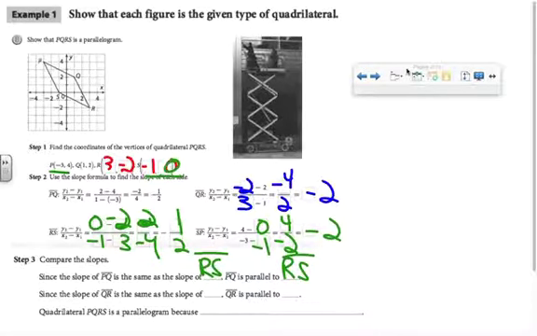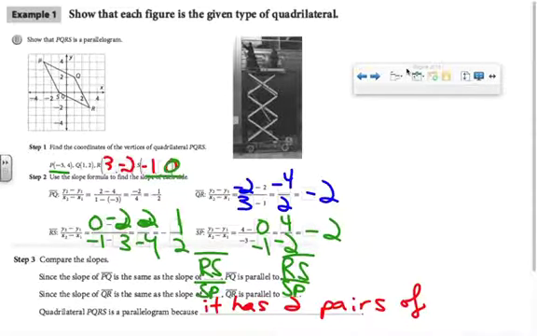And since the slope of QR is equal to the slope of SP, segment QR is parallel to segment SP. Therefore, quadrilateral PQRS is a parallelogram because it has 2 pairs of opposite parallel sides.